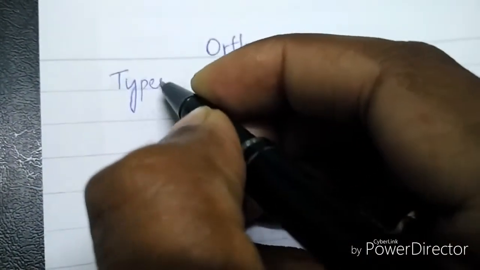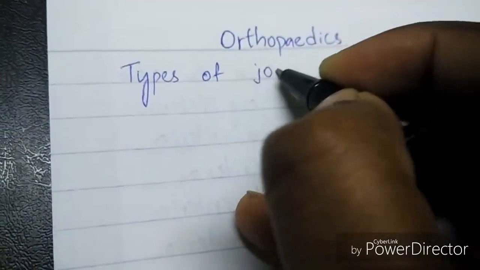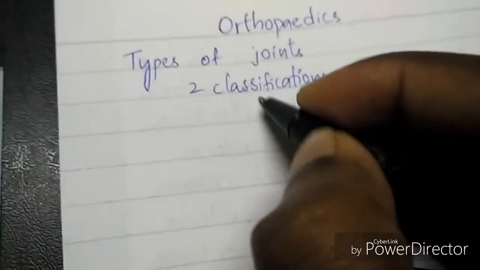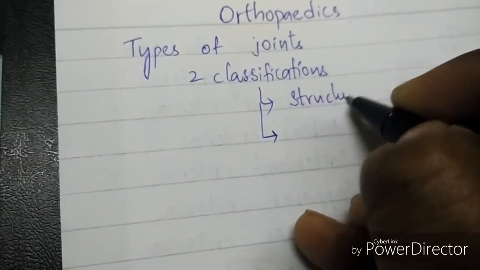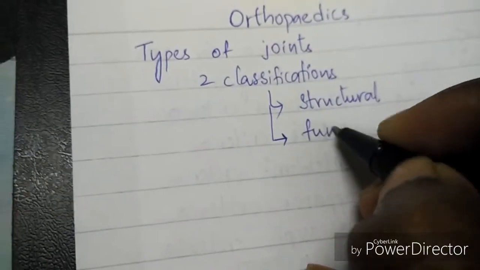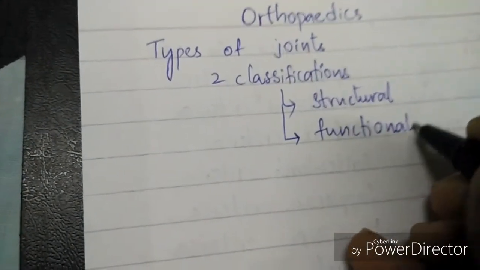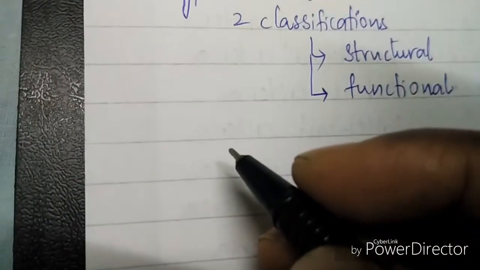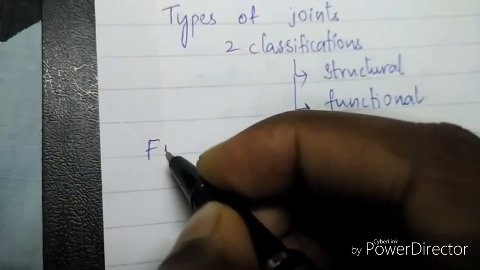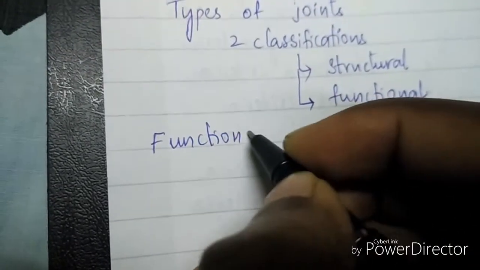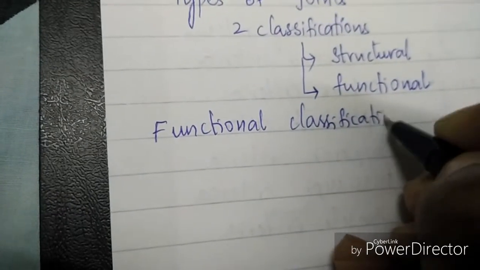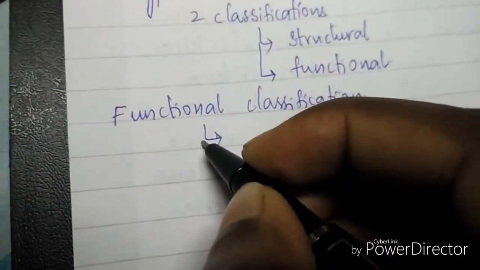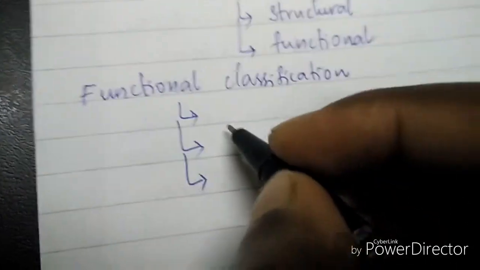Now, types of joints. There are two types of classifications: structural and functional. Functional classification is simpler and easier, so we'll discuss this one first.